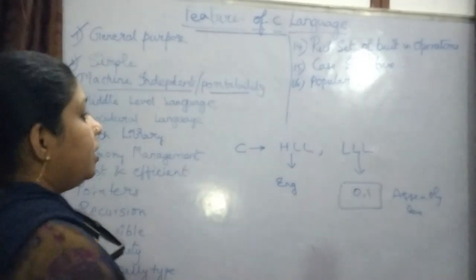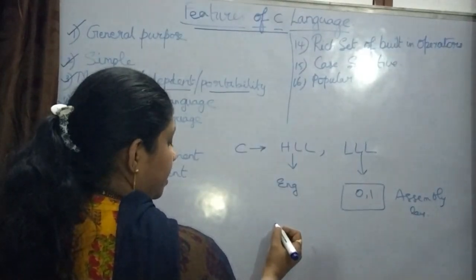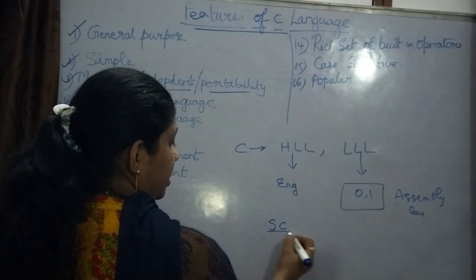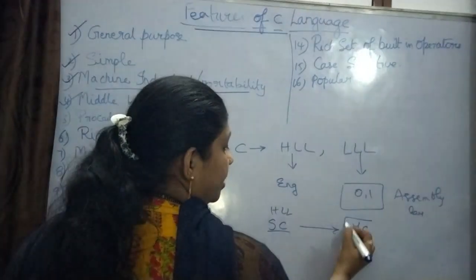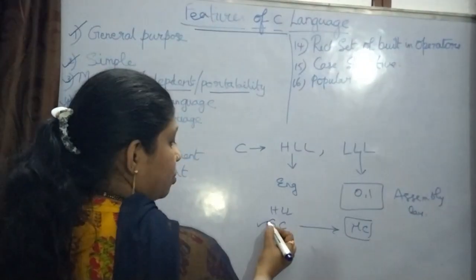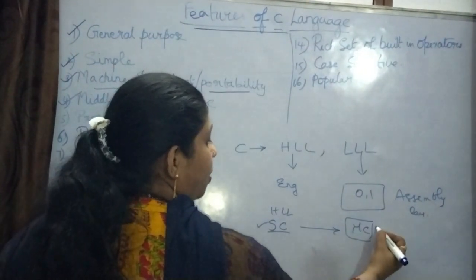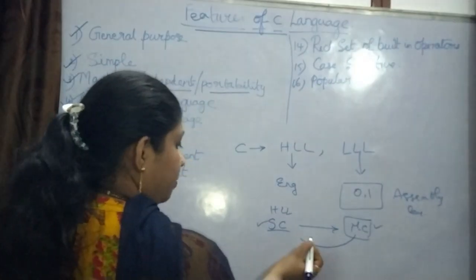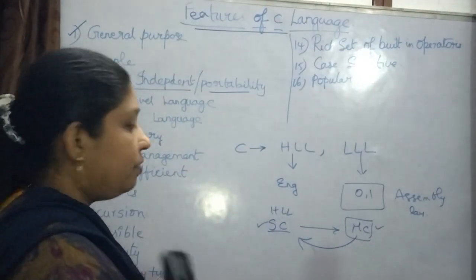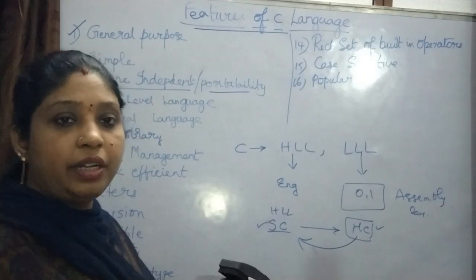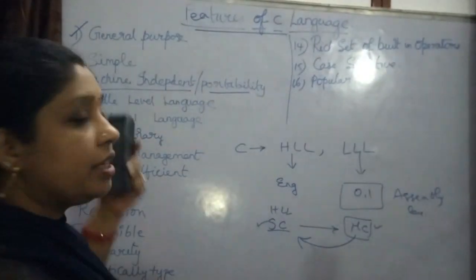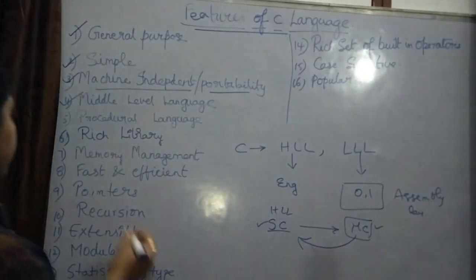If you have given instructions in the source code, that is in high level language, it will convert them into the machine code. So it understands source code as well as object code or machine code. That's why we call it a middle level language.